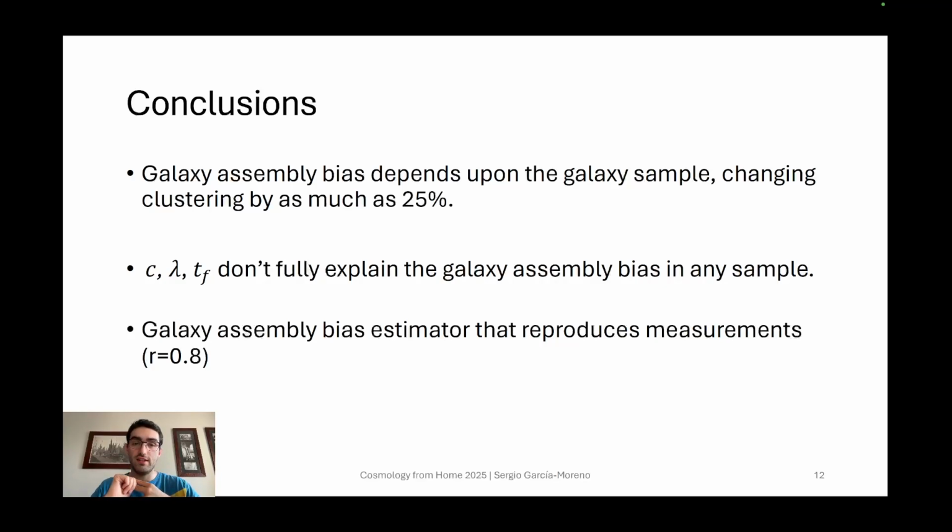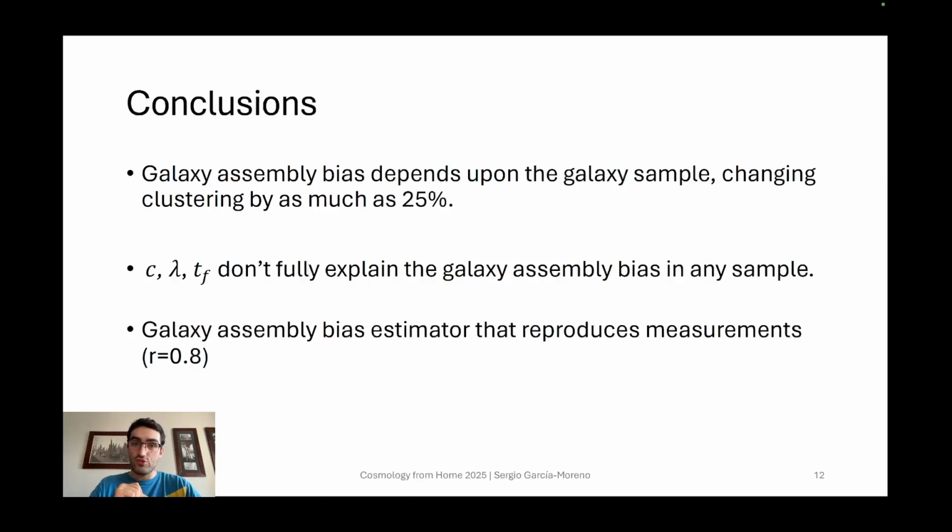We have also seen that galaxy assembly bias arising from concentration, spin, and formation time doesn't fully explain the galaxy assembly bias present in any of the galaxy samples that we analyzed. This means that empirical models that only utilize one of these properties cannot reproduce the predictions from hydrodynamical simulations.